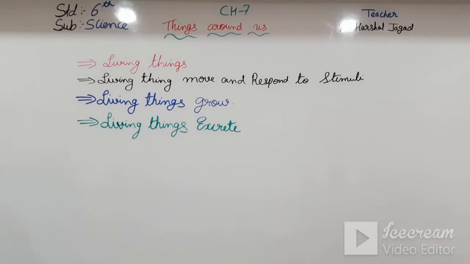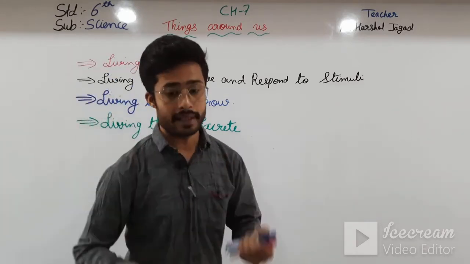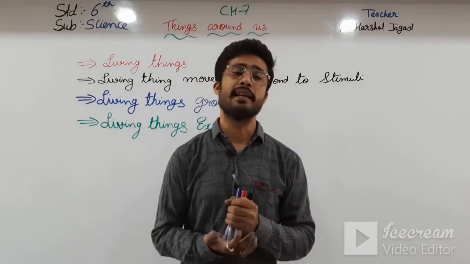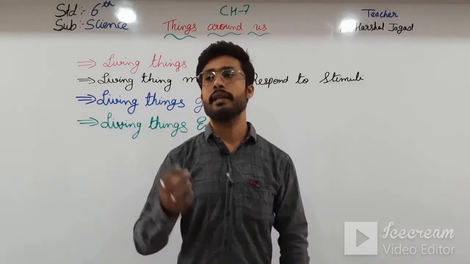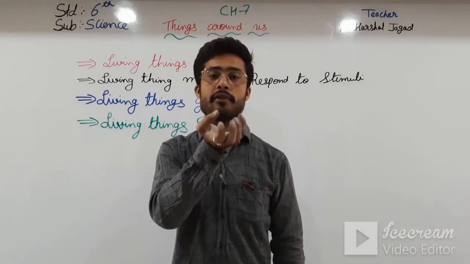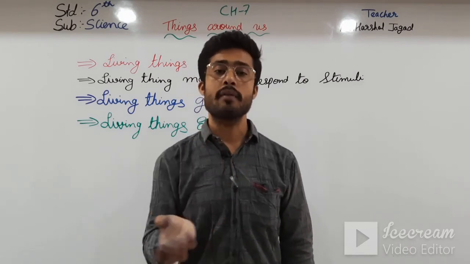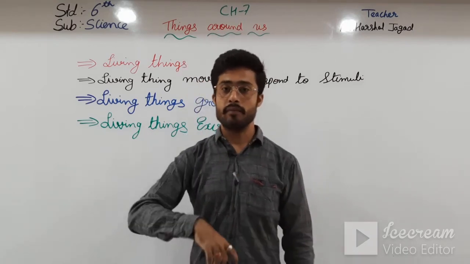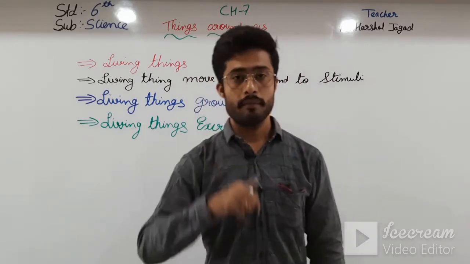So what they are trying to say is, living things excrete means, if I say from the human body, when we respire, we take in oxygen and take out carbon dioxide, which means the carbon dioxide is removed or excreted from our body.